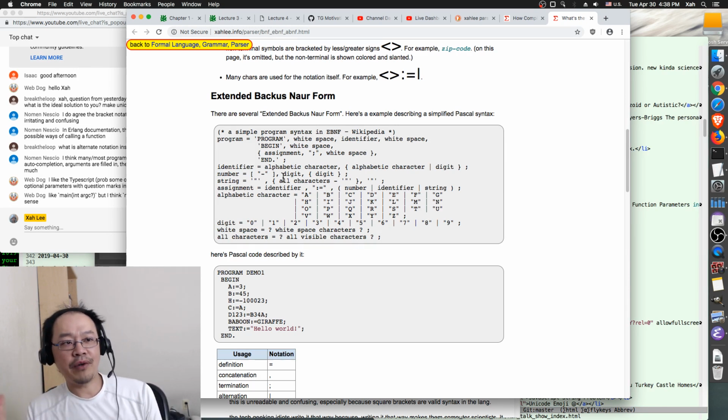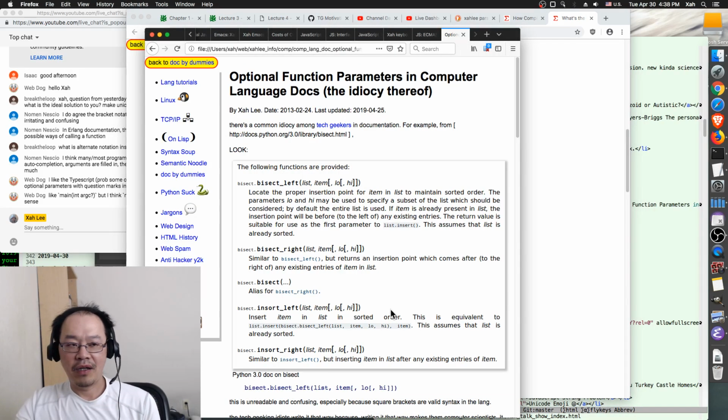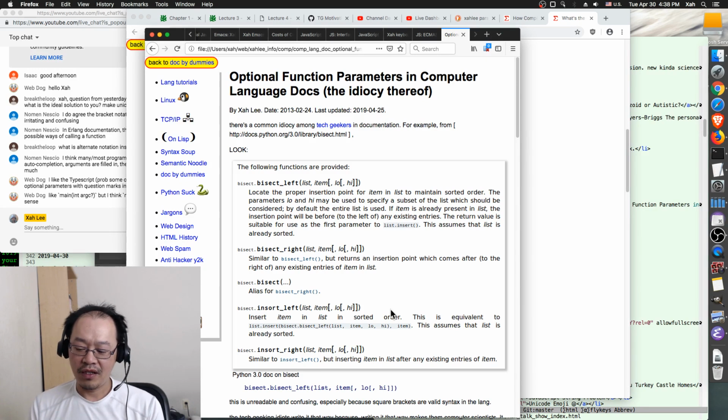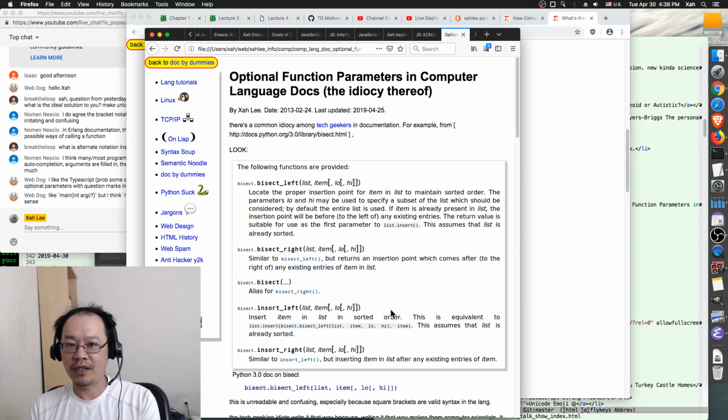So this is my reason. Actually, I think it's true. It's a fact. This is the reason that programmers adopted the convention of using square brackets to indicate optional parameters for functions in their documentation.